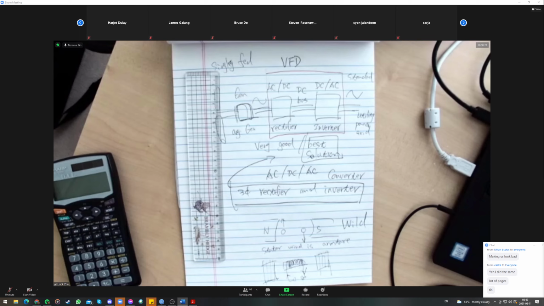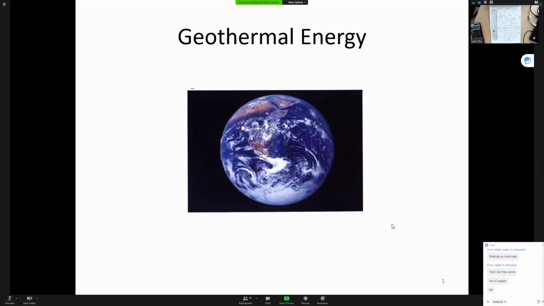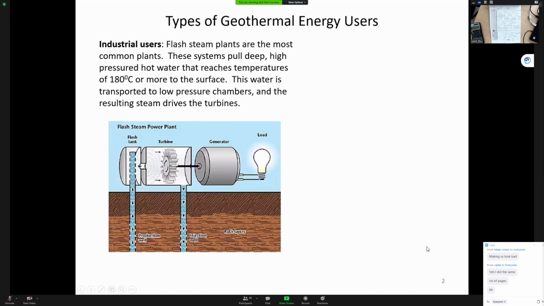So next one we're gonna talk about is the geothermal. Geothermal energy is using the heat energy inside the Earth. Industrial use, because there's usually an underground hot spring or those ones.